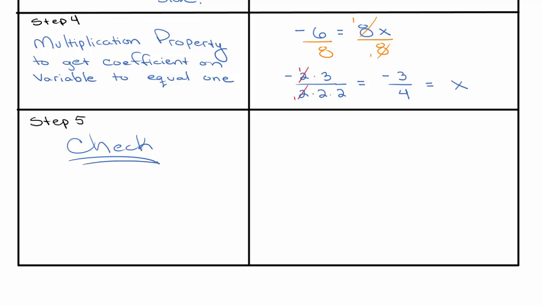Using the original equation, it was 12 minus 2 times, and this is where we put in what we believe to be the solution.